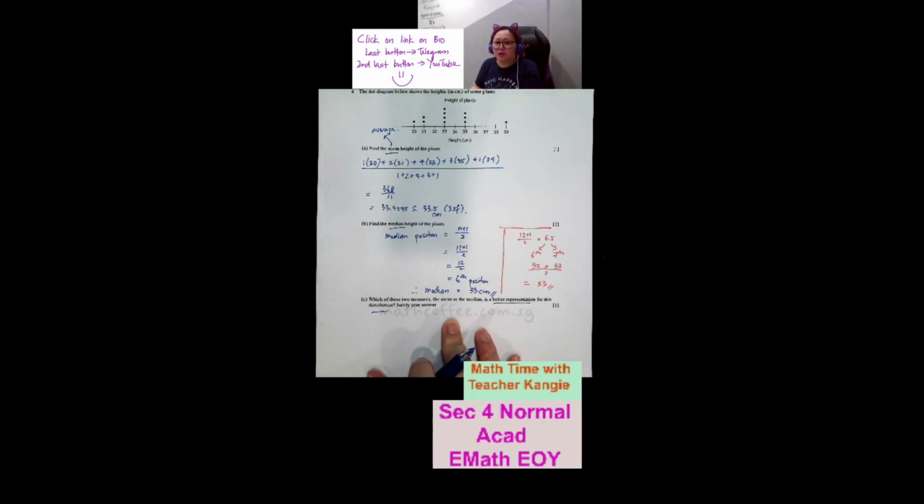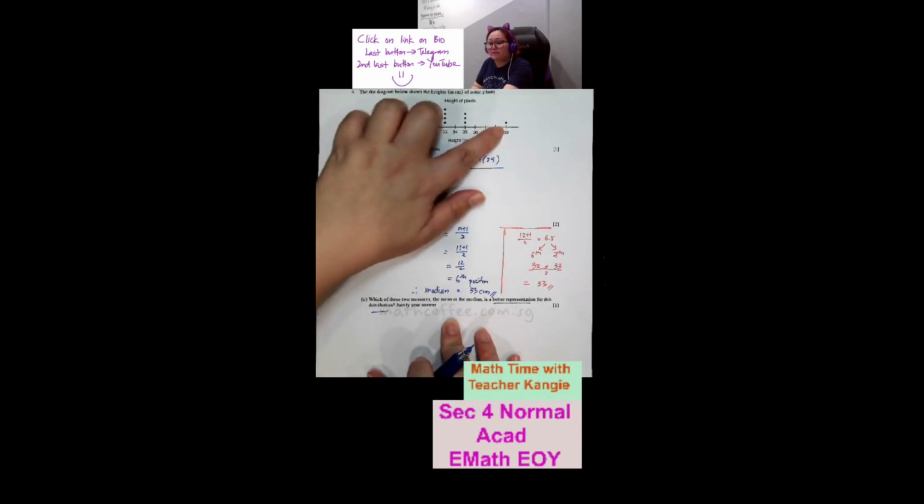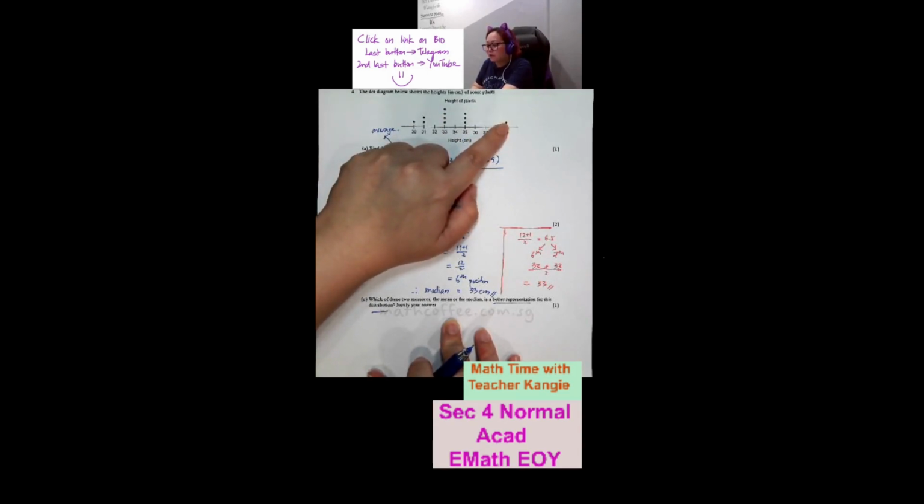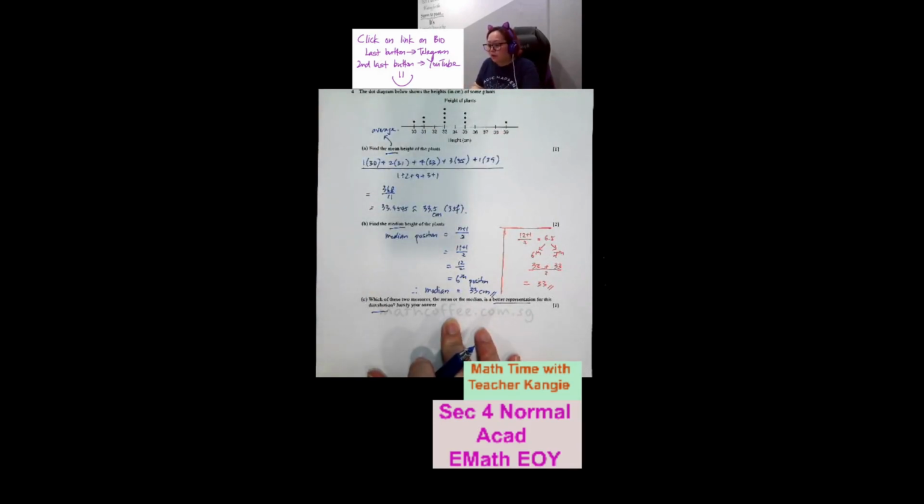Sometimes all three are okay to represent the average, but sometimes it will be just one of them. For example, in this situation, you can see that we have an outlier here, 39. When we have an outlier, or extreme value, you cannot take the average or the mean to represent the data, because it will be affected by the extreme value. So in this situation, median will be a better representation.